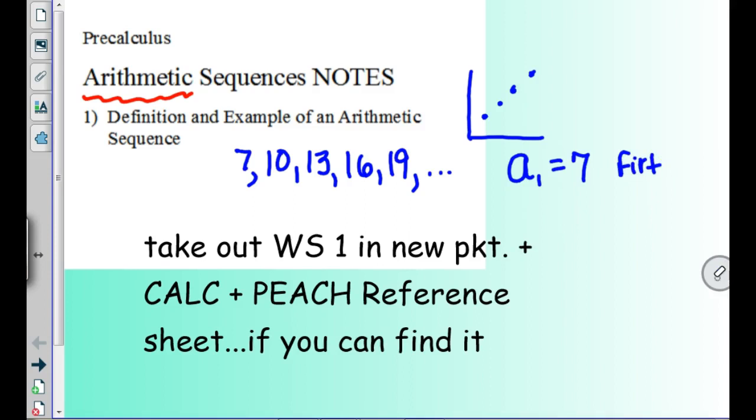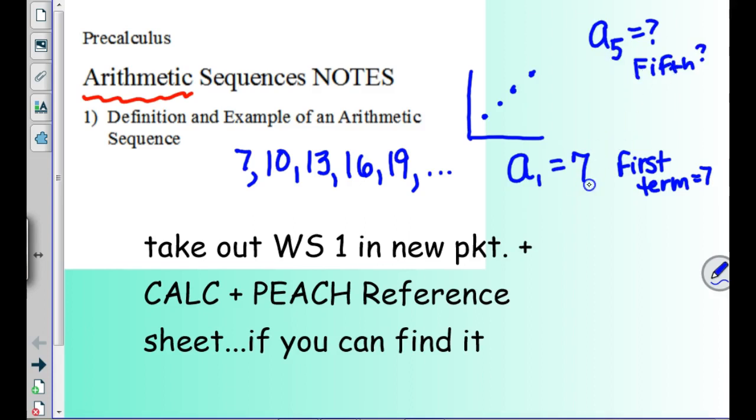Oh, can't spell. So this notation, a sub 1, means first term. So if I had a sub 5, it would mean I wanted the fifth term. Fifth, F-I-F-T-H, right? I'm really struggling today.